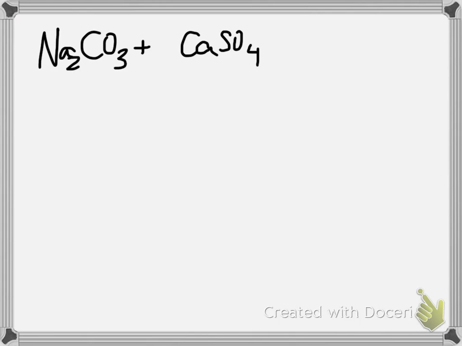Okay, I have sodium carbonate and calcium sulfate. Sodium carbonate is soluble, and we're going to put this in an aqueous solution. Calcium sulfate, also soluble. We're going to put that in an aqueous solution. Oh, wait, I missed a step, didn't I?